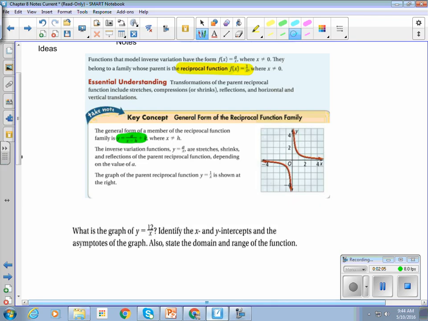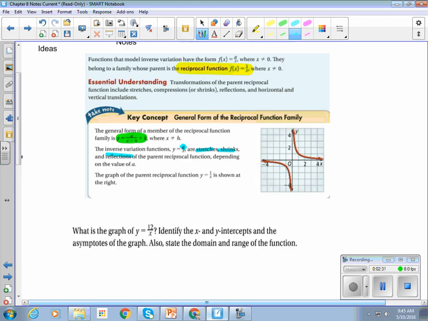So I want you to highlight a. Highlight stretch, shrink, reflect. Because the a value in your function tells you if you're stretching, if you're shrinking, or if you're reflecting.